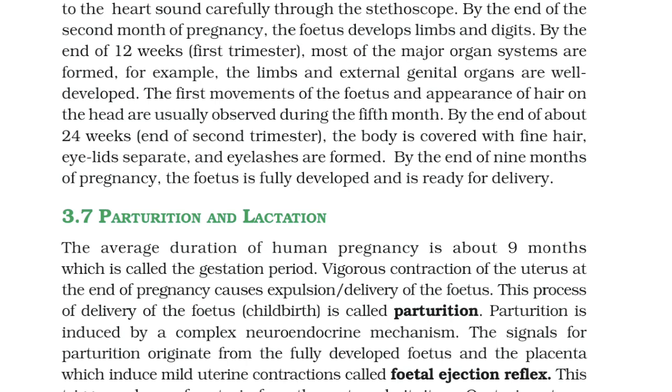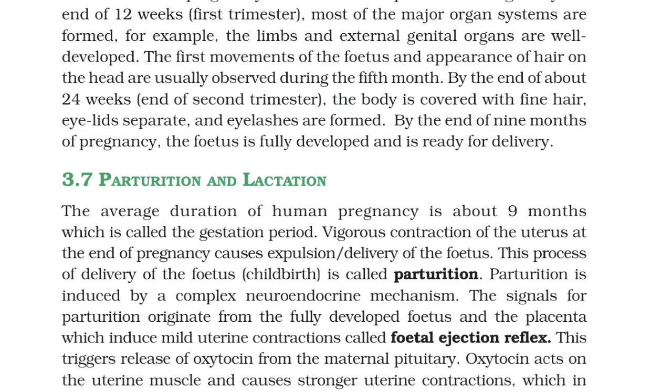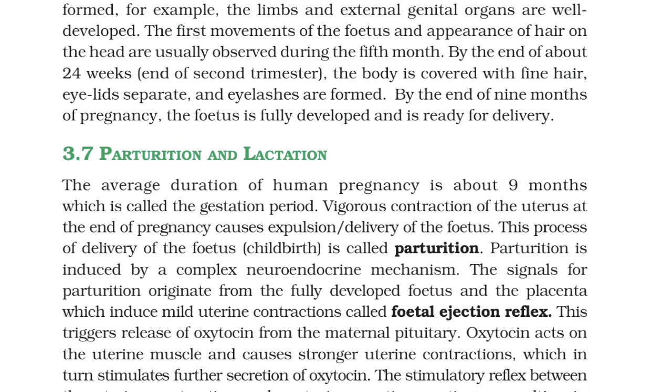By the end of about 24 weeks, the end of the second trimester, the body is covered with fine hair, eyelids separate, and eyelashes are formed. By the end of 9 months of pregnancy, the fetus is fully developed and is ready for delivery.